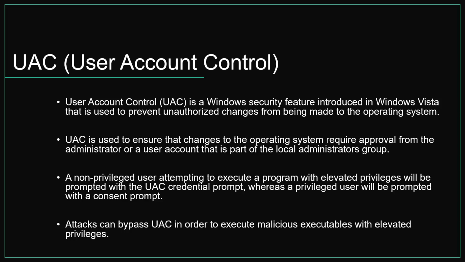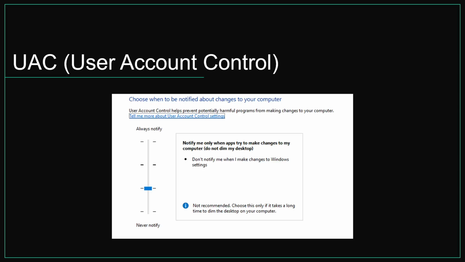You actually need to go through UAC whenever you're executing a program with administrative privileges. So it's a very good security feature that Windows introduced. And again, it can be quite difficult to bypass because, as I said, regardless of what user account you get access to, you will in some way or form need to bypass UAC unless you get access to the administrator account, which is very rare to begin with.